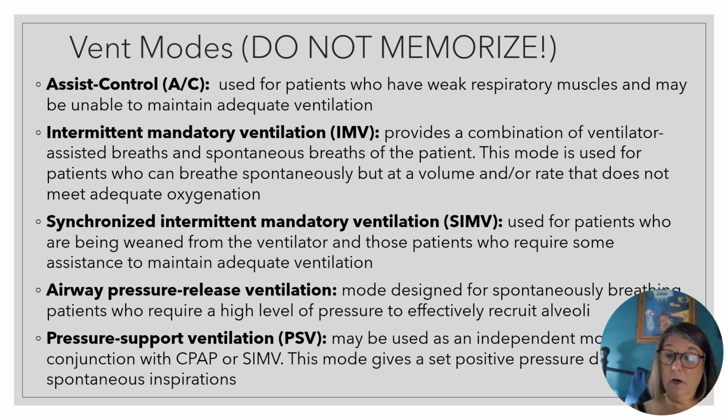It depends on what's going on with your person and how strong they are. Usually if you're weaning somebody, a person is going to start on full support, so the vent is doing everything for them. As we wean somebody, you get down to pressure support and assist control, where the vent is kind of waiting for us to breathe on our own, and if it doesn't, it'll kick in. So just be aware of that. Don't memorize these.